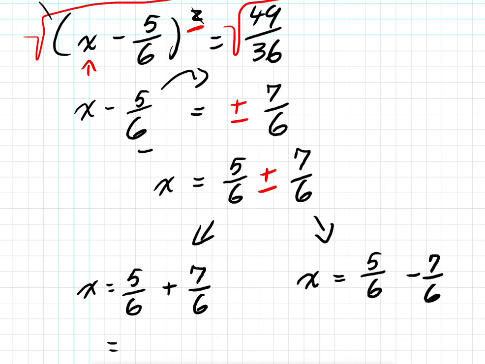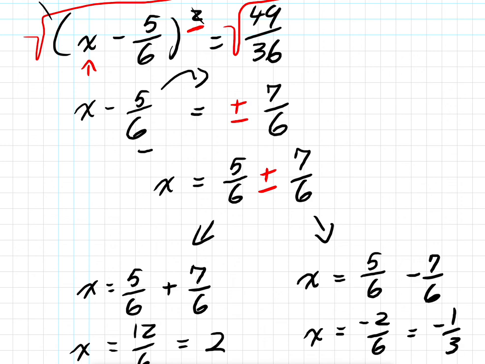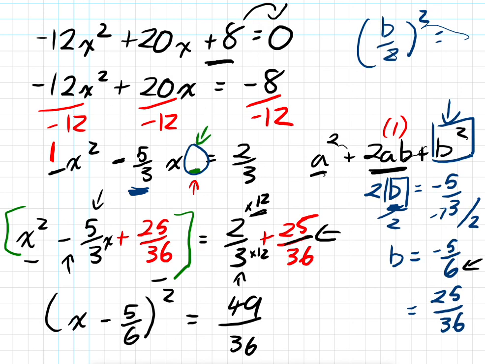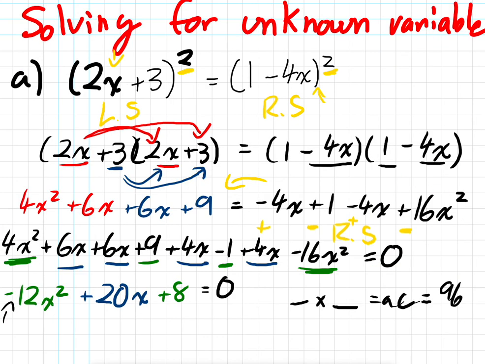Because the denominators are already the same, this one works out really nicely. It's 12 over 6, which is equal to 2. And in this one, we end up with negative 2 over 6, which is equal to negative 1 over 3. So that's quite a few pages of work just to find one little piece of information. But we did a lot. We expanded, we factorized, all starting at this one interesting little case here.